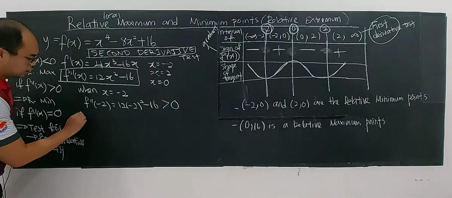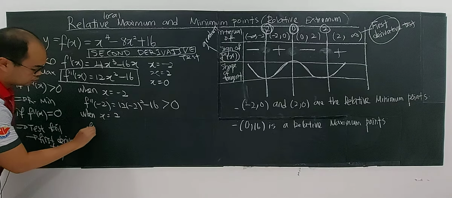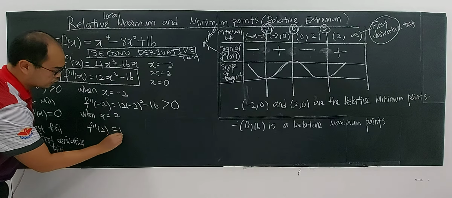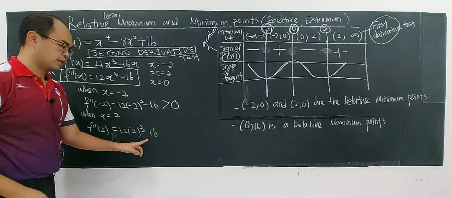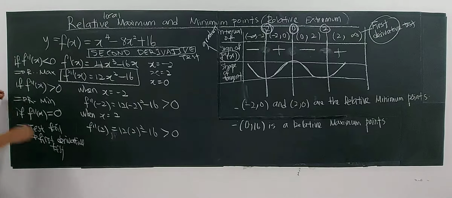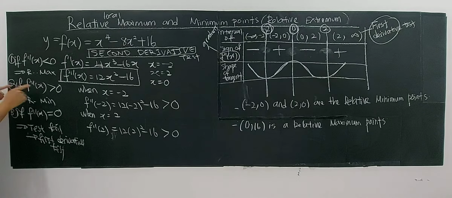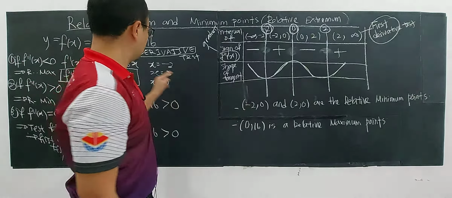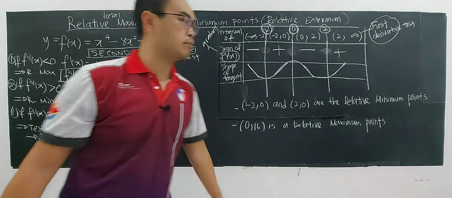When x is 2, you put in 2, so you get 12 times 2 squared minus 16, 4 times 12 is 48, minus 16 is still positive. If positive, it means it's a relative minimum point. That's why negative 2 and 2 are relative minimum points.